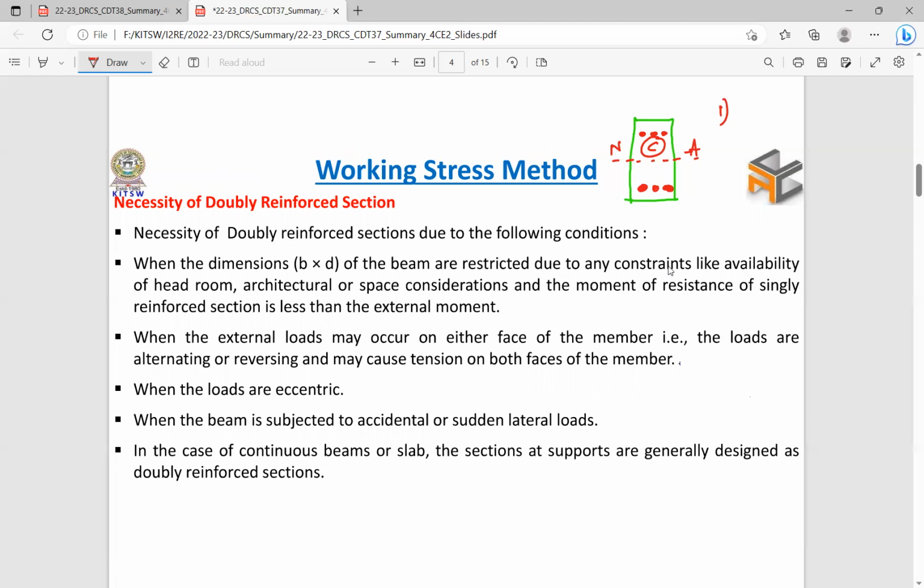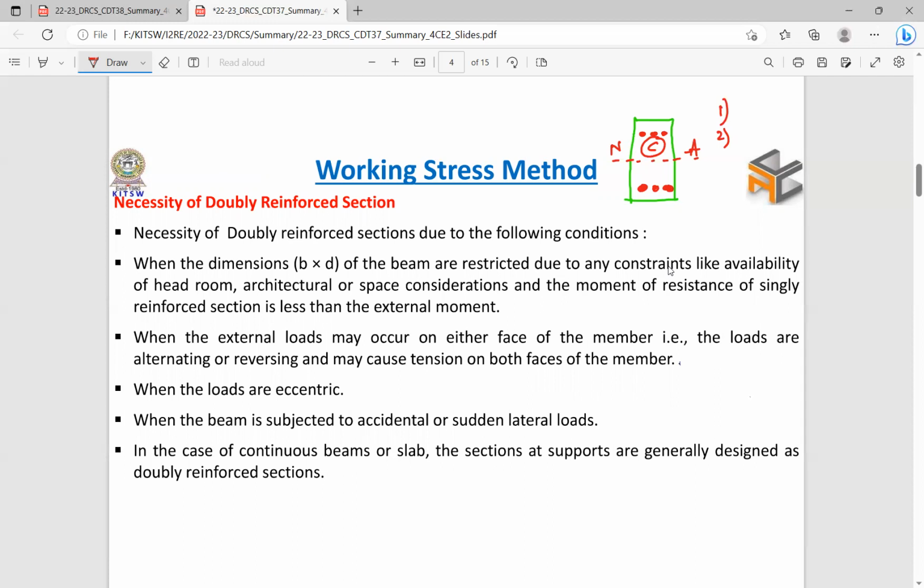The second situation is when the beam is a continuous beam. In some situations, a negative moment will be developed at the support, and the tension will be developed at the top.